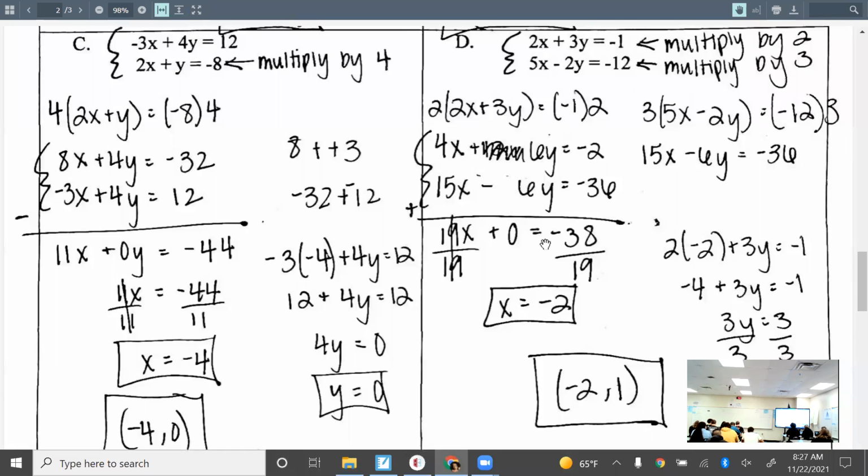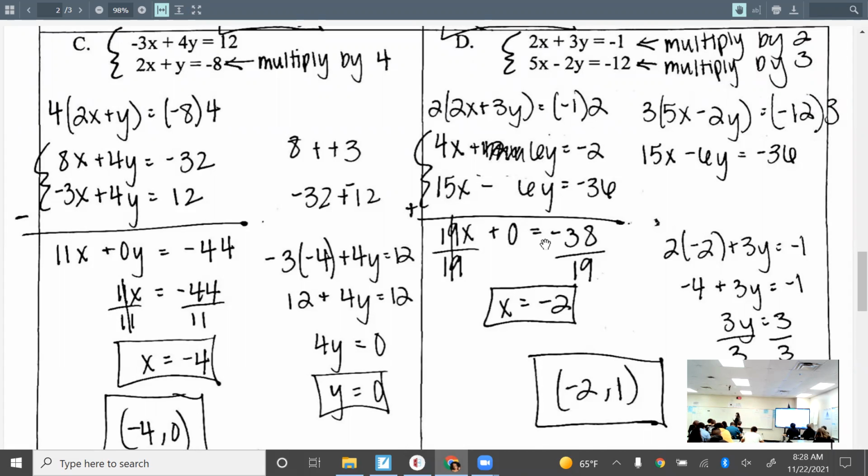So for example C, I didn't tell you what you need to multiply by. That's something you guys need to figure out. So just see what would be easier to get a common coefficient. If you chose to eliminate the x term, you would have had to multiply the top one by 2 and the bottom one by 3. But it is easier just to multiply one of the equations by something, right?